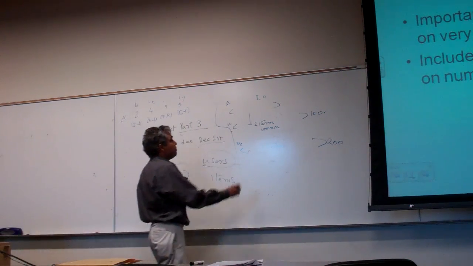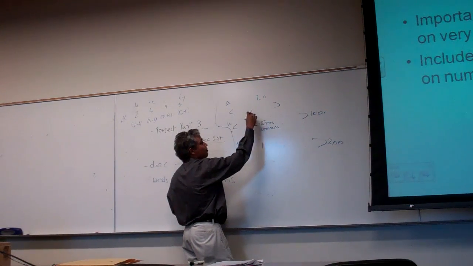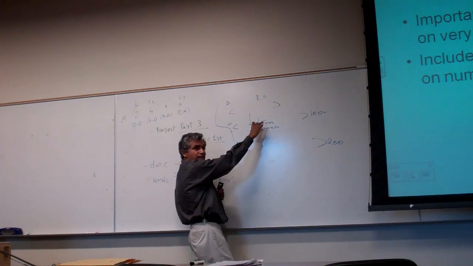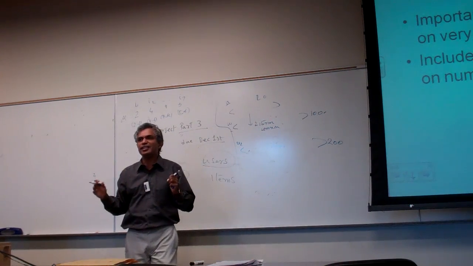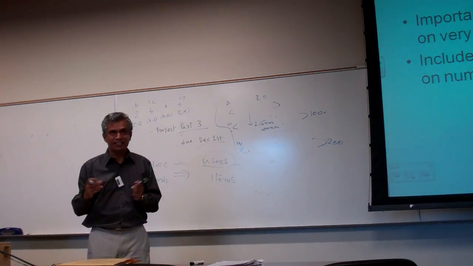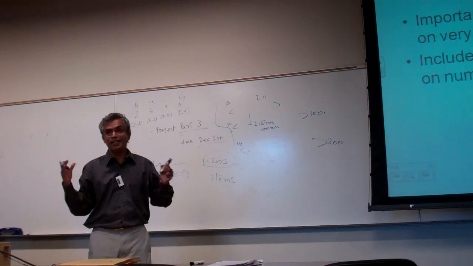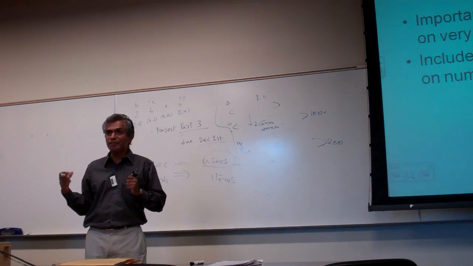Now it may well be the case that this guy rated these 2 items along with you, and you are like soulmates. You agreed completely, because of which your similarity would be 1.